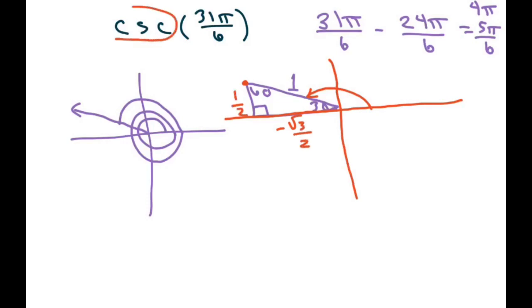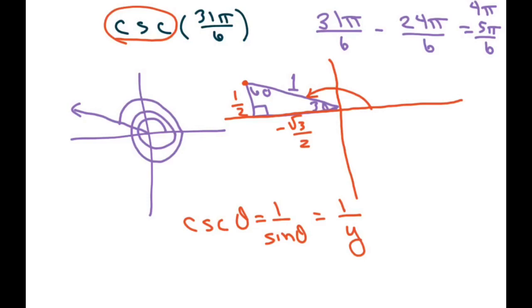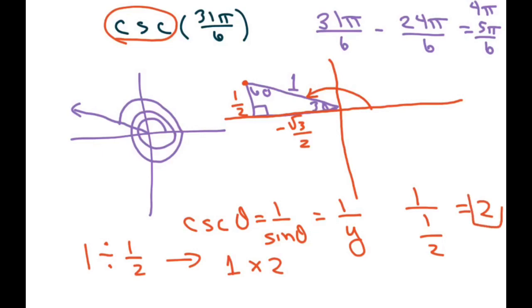Well, cosecant is 1 over sine. Or you could say it's 1 over y. Well, 1 divided by 1/2 is the same as when you keep, change, and flip. So that equals 2, and that is your answer.